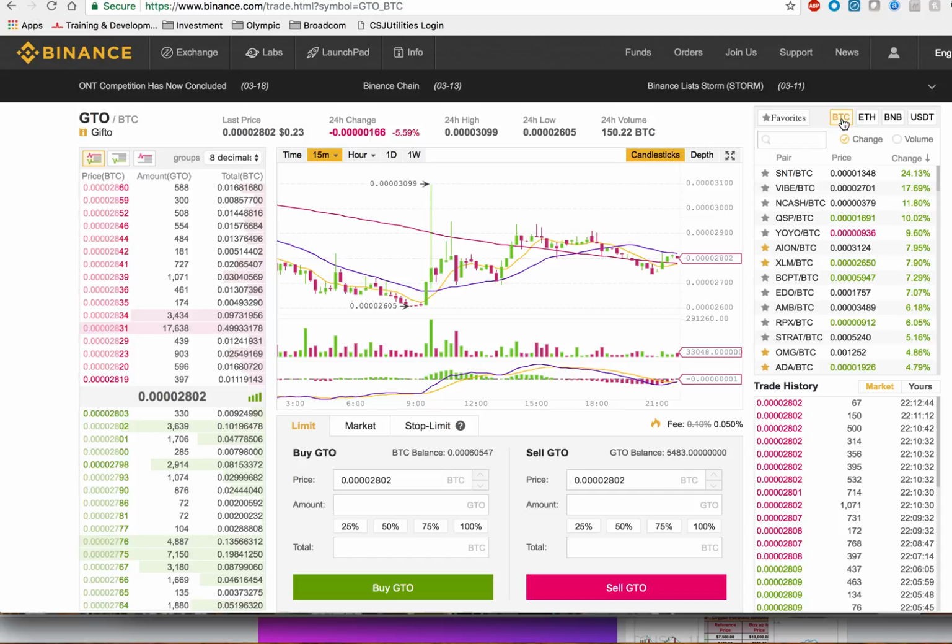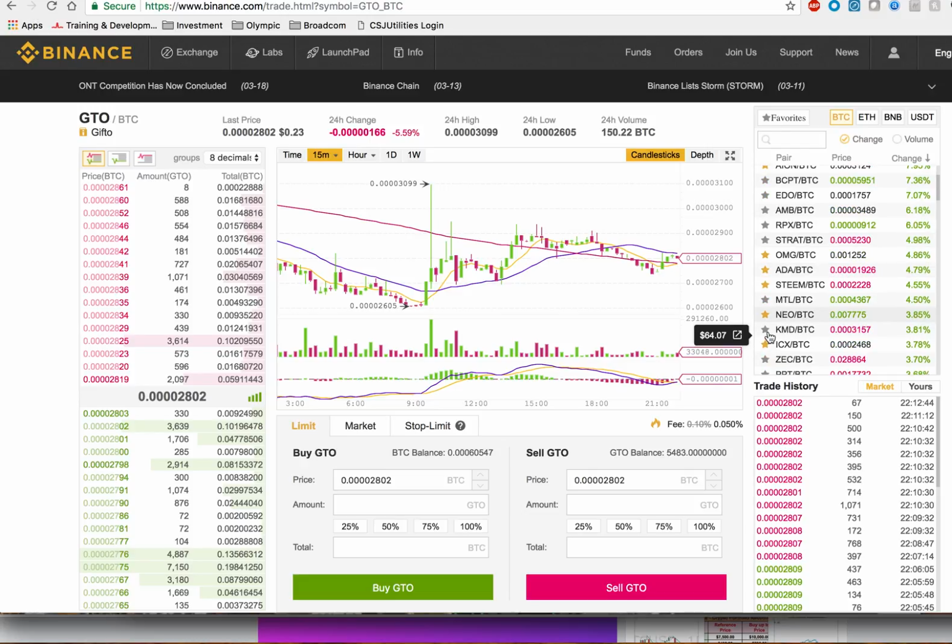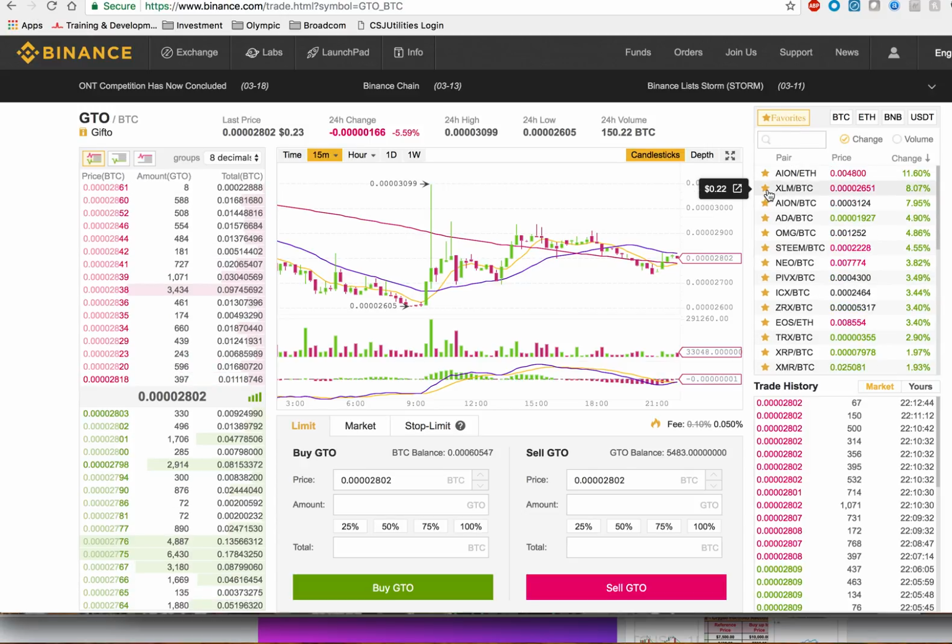Now, coming back to our BTC pairs, this is what we are going to target. So there is a star here which you can use. Whenever we give a recommendation, we suggest you click the star so that you don't have to look through all the pairs, and you can say favorites. And in the favorites, only the pairs which you have put a star against will be seen here.